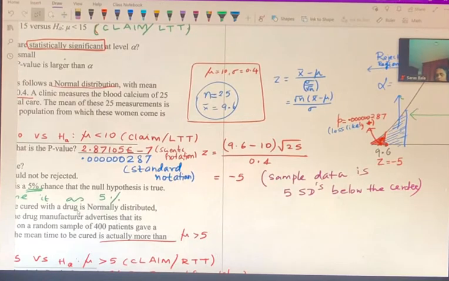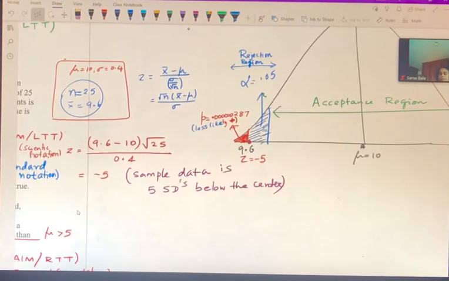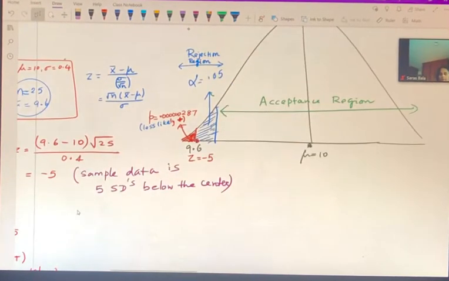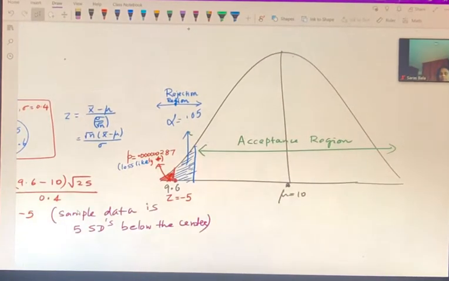What is the meaning? Look at that. This is a very interesting thing. Your center mu is equal to 10, and the sample data gives you the sample mean, which is just about 0.4 below the center. But look at the numerical value: 9.6 gives you a z-score of about 5 standard deviations below the center.